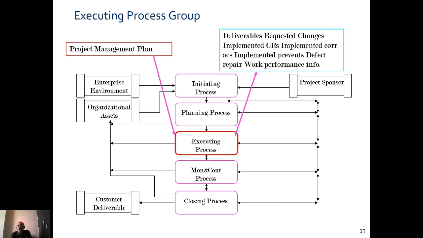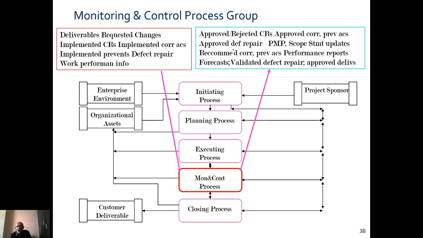The deliverables could be change management, implementing the change requests, implementing defect management, and repairing the work performance information, with monitoring and control. We have the previous output as input. This is a serial kind of model. And you have the approval over here, showing that the validation has been done.